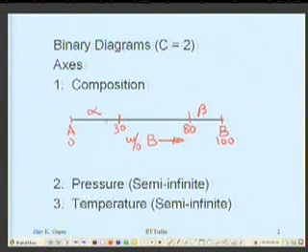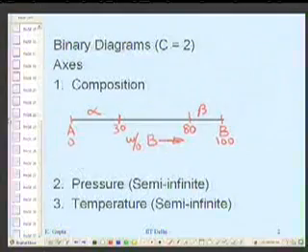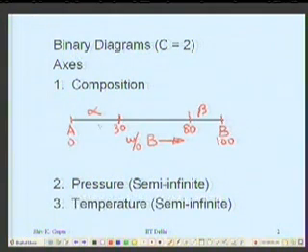So it is possible for me to represent this on the same axis at a given temperature and pressure. So one axis can do my work, the composition axis, and normally the convention is you have alphabetically the components written.